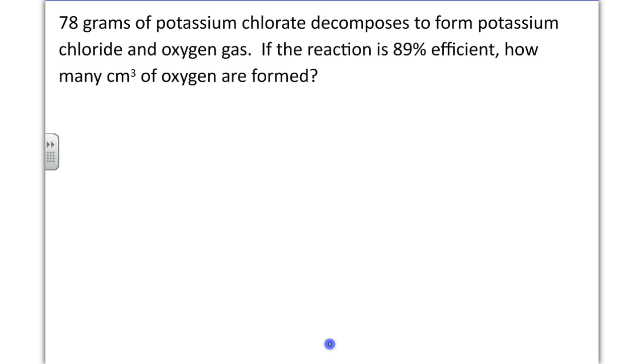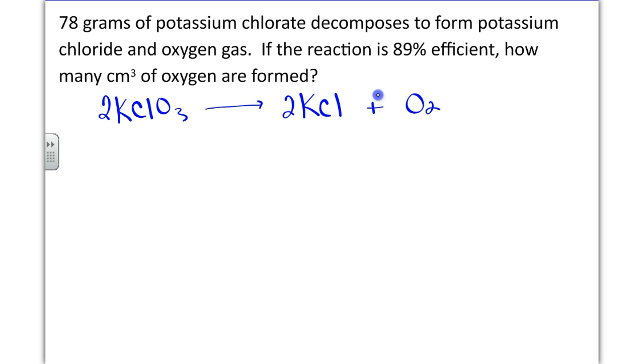78 grams of potassium chlorate decomposes to form potassium chloride and oxygen. So they're telling us that this is our reaction. We need to balance the equation, and we'll have a ratio of 2 to 3 moles of each of these. We are given 78 grams of potassium chlorate, and we want to know how many centimeters cubed of oxygen will form.